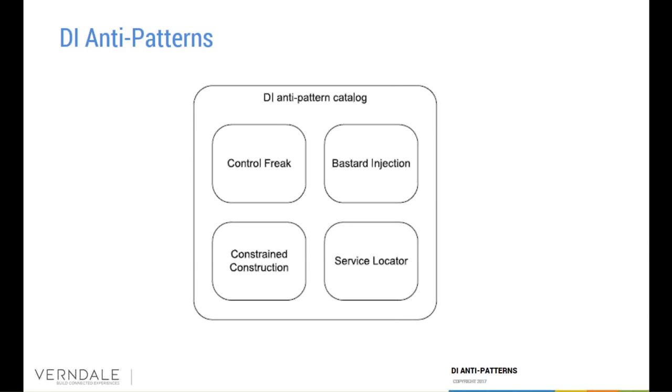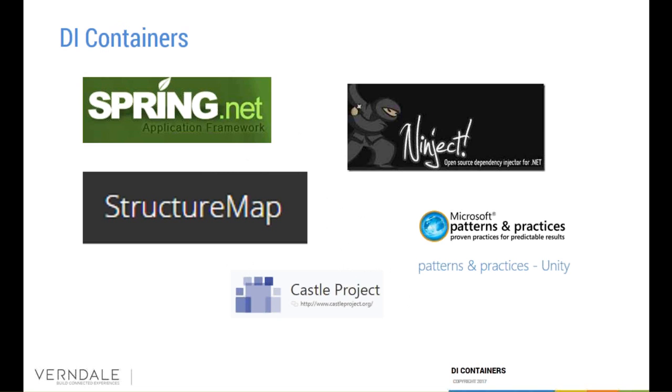I just listed a couple of containers here, like Spring.NET, which is a port of the Java Spring framework, Ninject, StructureMap, Castle Windsor, and Microsoft's own Unity dependency injection container.